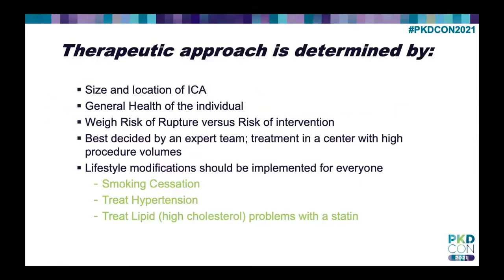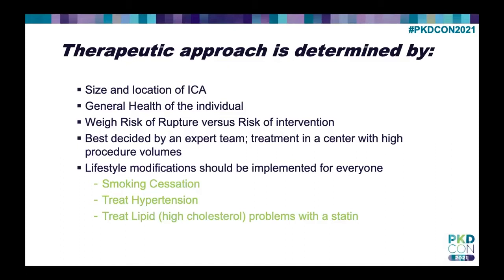The therapeutic approach, or which of these is chosen, depends on the size and the location of the aneurysm and the general health of the individual. You have to weigh the risk of rupture versus the risk of intervening, because as with any procedure, there are always side effects. Again, as I said, this is really best decided by an expert team, including all those individuals that I mentioned.